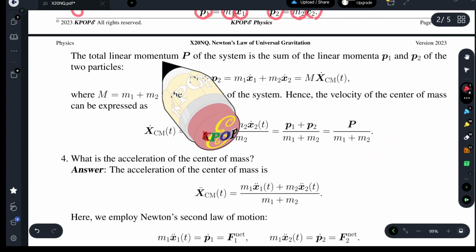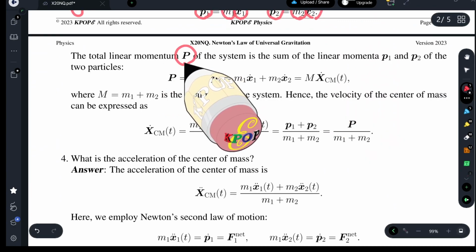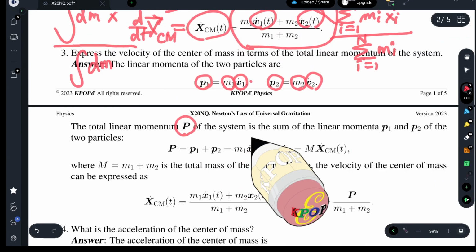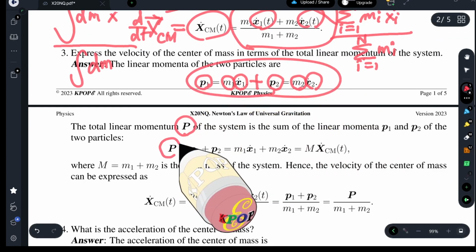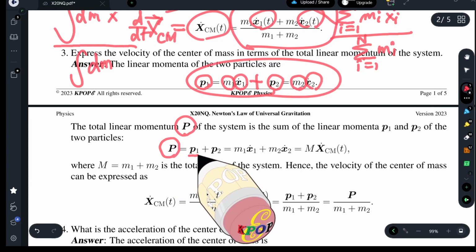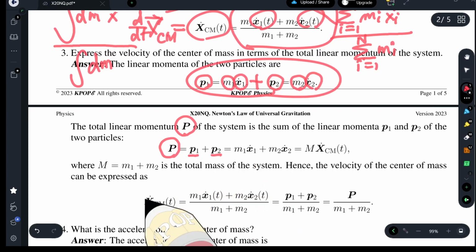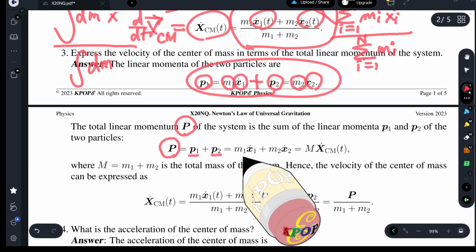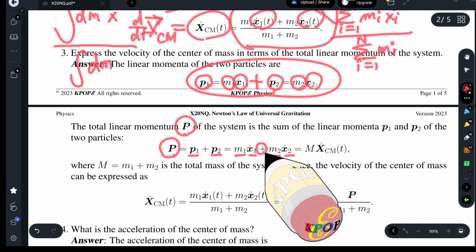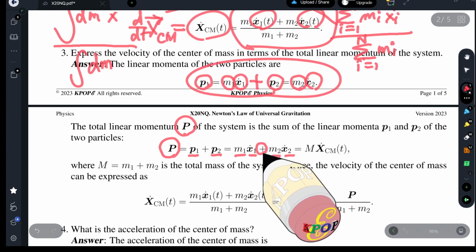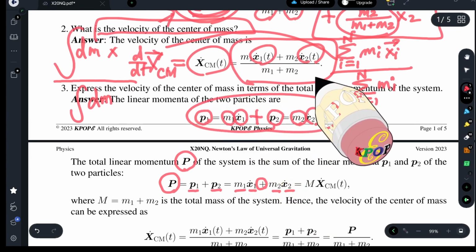The total linear momentum, capital P, is nothing but the sum of these two vectors. So the total linear momentum is the sum of two linear momenta, and by definition, mass times velocity added. By the way, we have this relation.